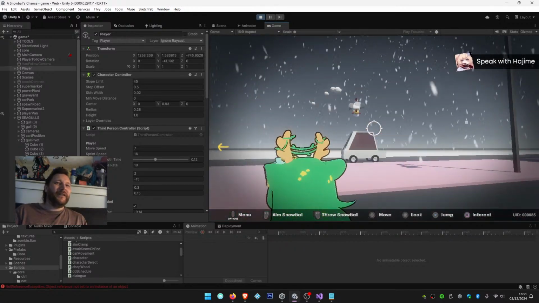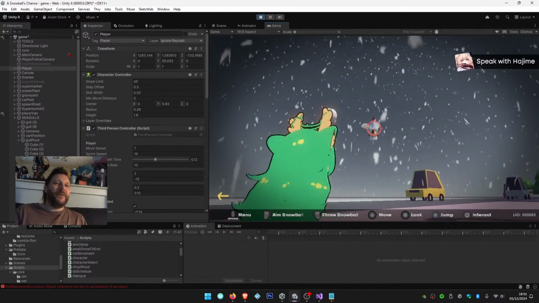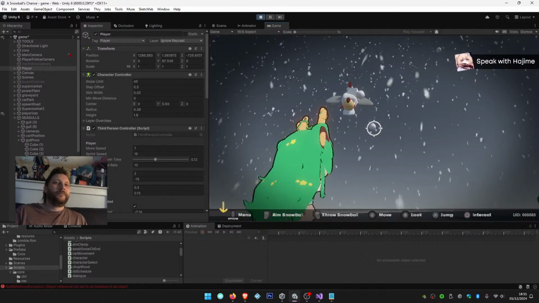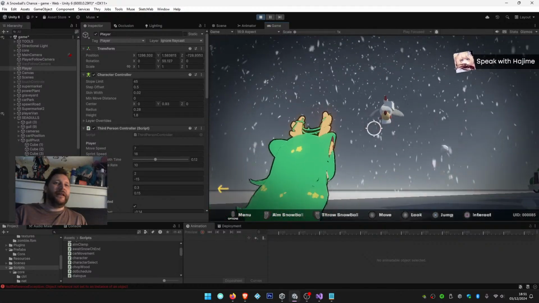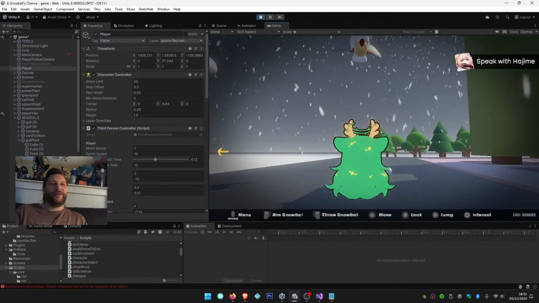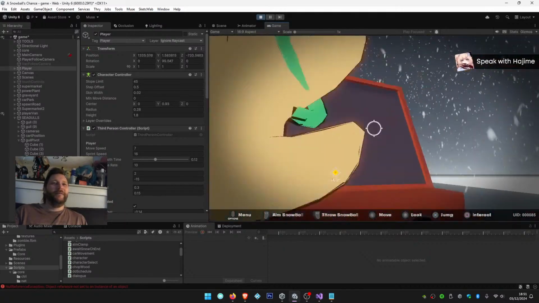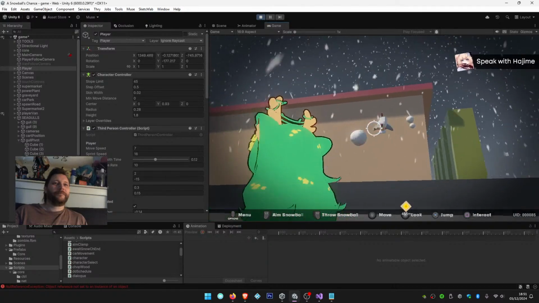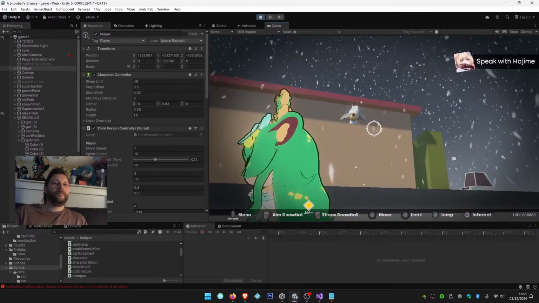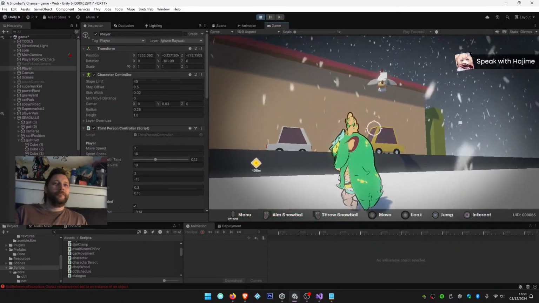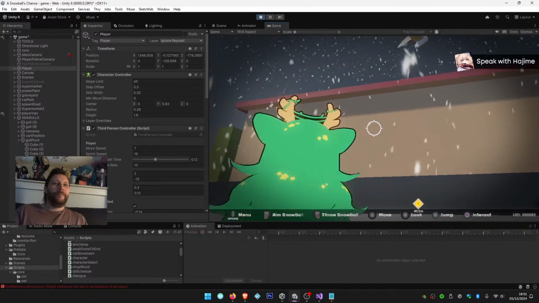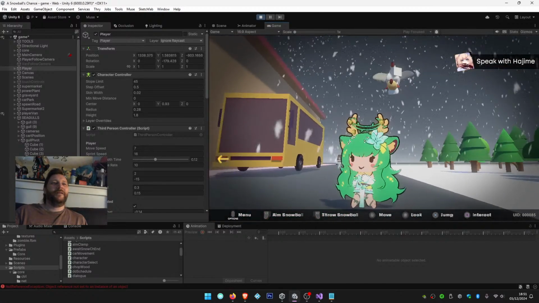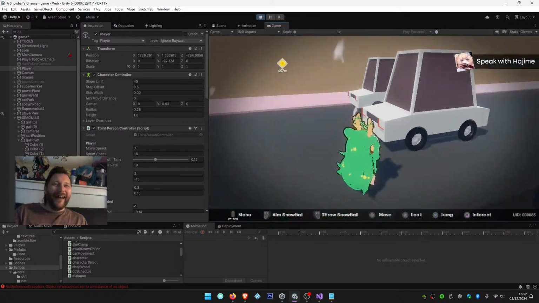Yeah, you can't get them this way though. If you try and get them this way, the snowball's miles off. You'd have to get lucky. This is the bit that's going to frustrate the shit out of the players, I think. Oh my god.